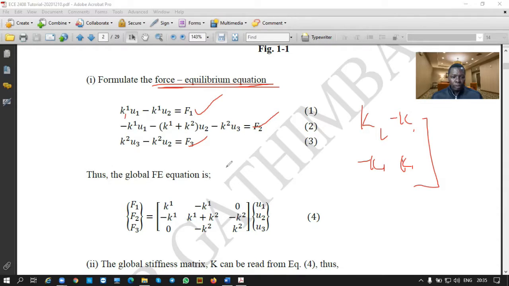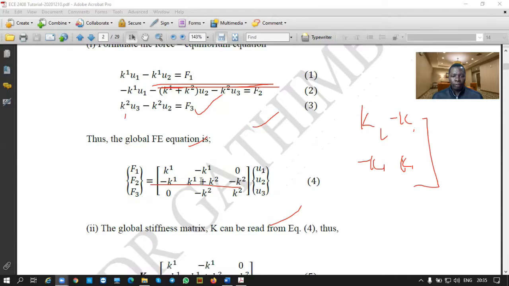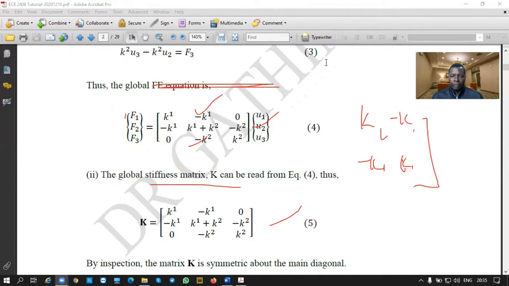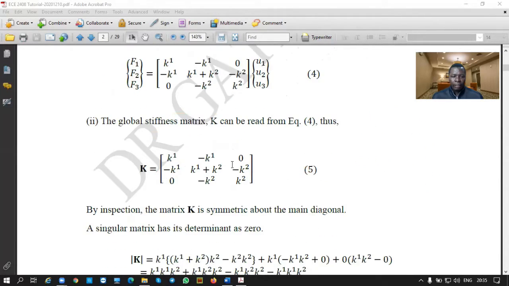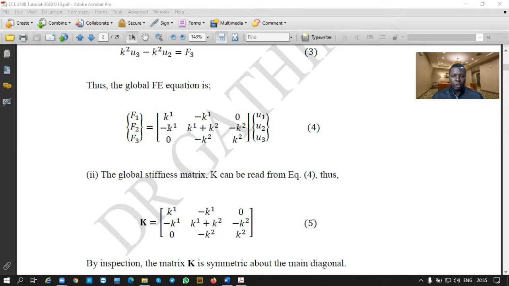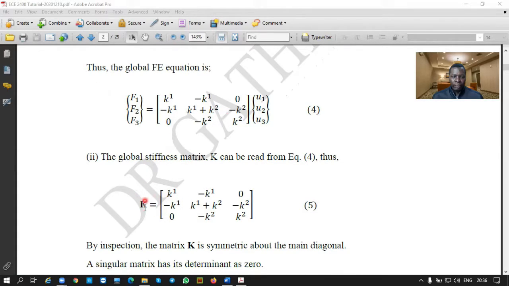So number 2, you are able to obtain the global finite element equation. And from here, we know that this is a stiffness matrix, the global stiffness matrix, so we just extract K. We have F equals K times delta, the displacement or deformation vector.